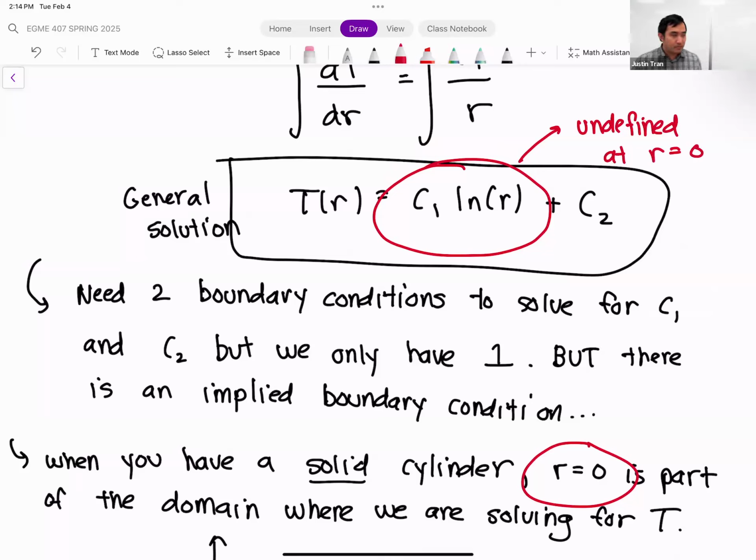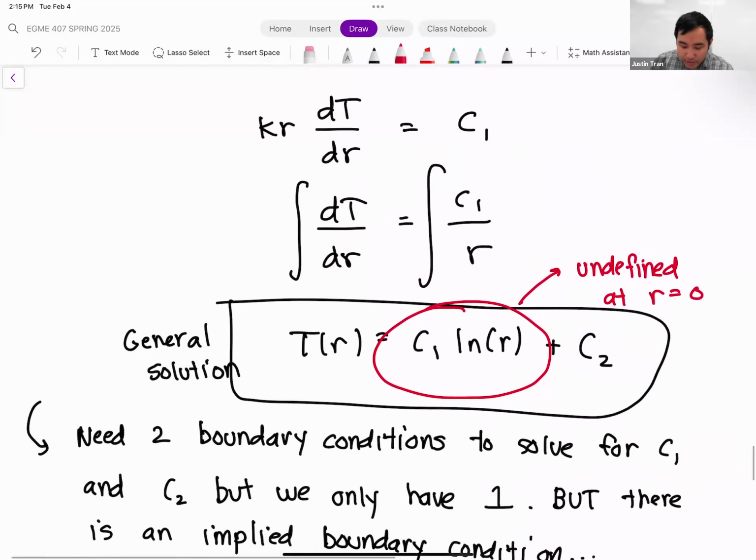And that makes no sense, right? We've all seen a solid cylinder before. We can't stick our finger inside a solid cylinder, but I'm pretty sure the temperature there is not undefined, and it's definitely not minus infinity.